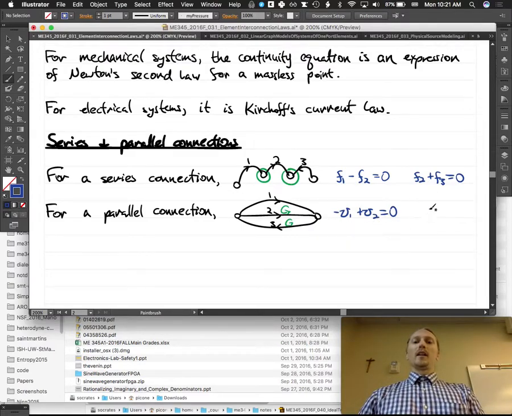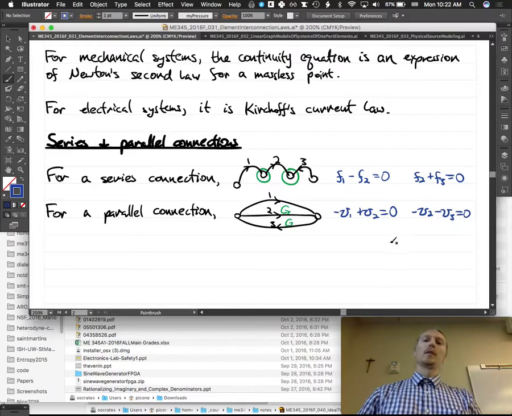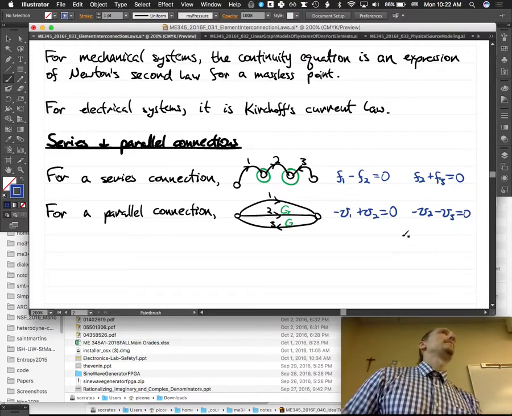And the other one is negative V2 minus V3 equals 0, which says that V2 equals negative V3.